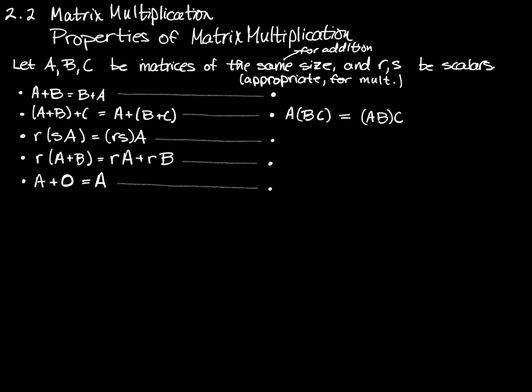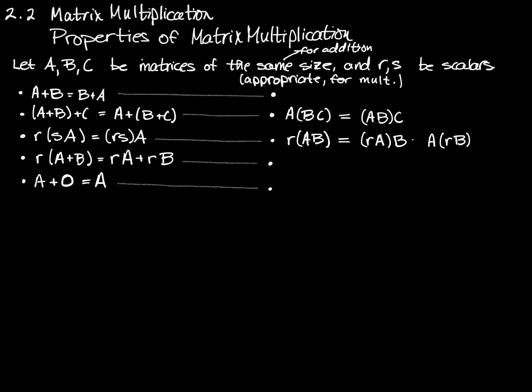Our next property says that we can multiply two matrices together, A and B, and then multiply the resulting matrix by some scalar. Or we can multiply one of the matrices by the scalar and then multiply the resulting matrix by the other matrix. Or we can even multiply the second matrix by the scalar and multiply the result by the other matrix.